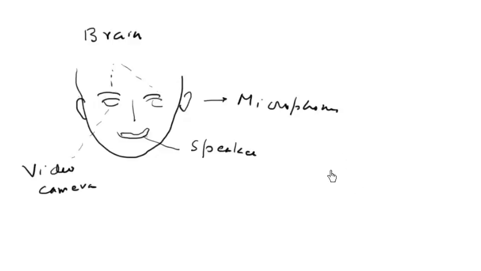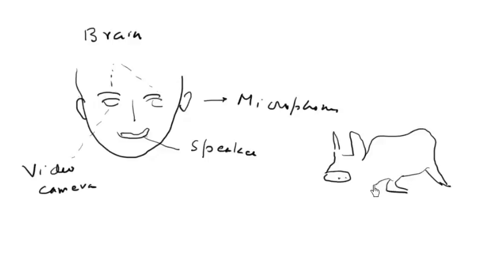For example, suppose you have a bull here which is charging at you. Here's an eye.